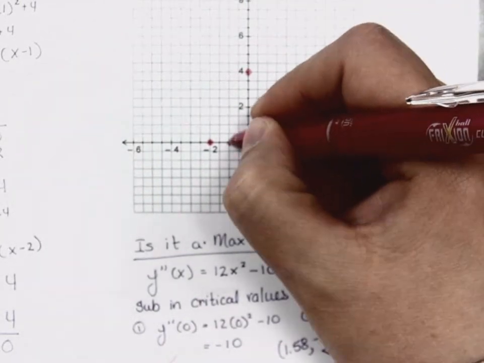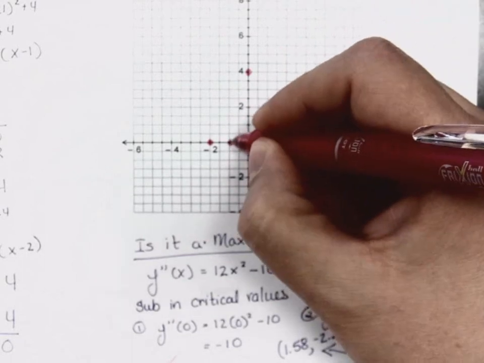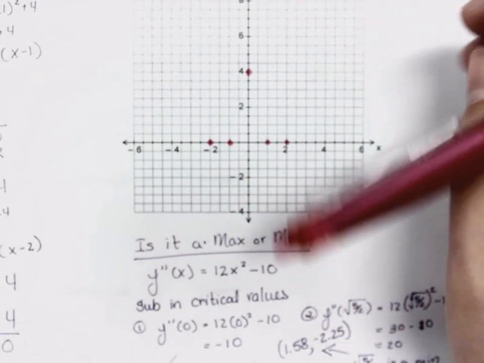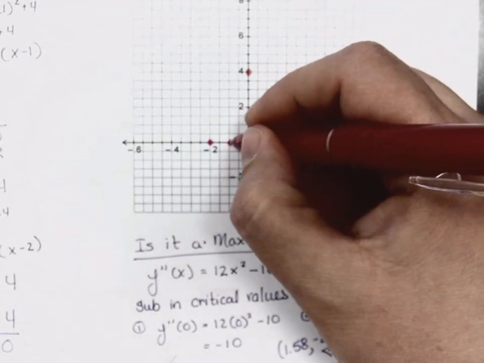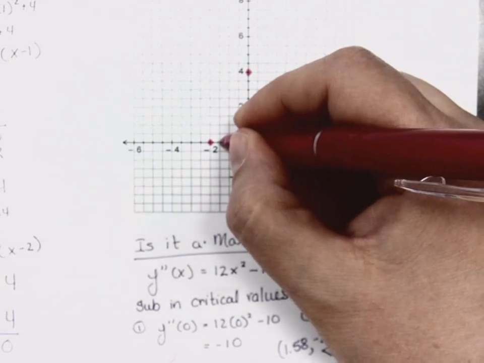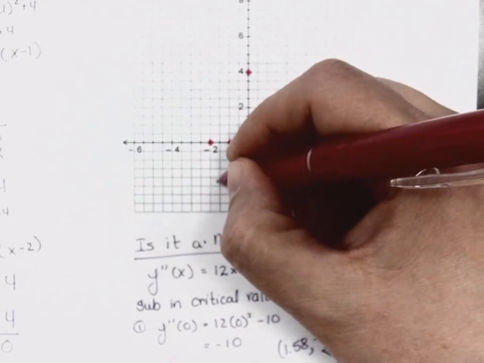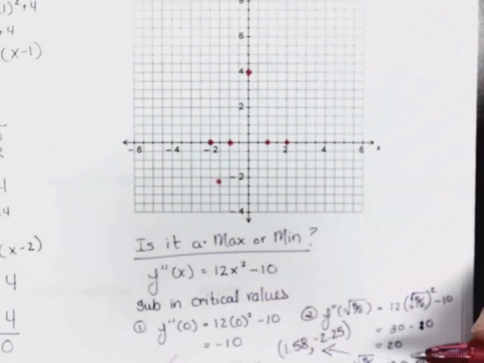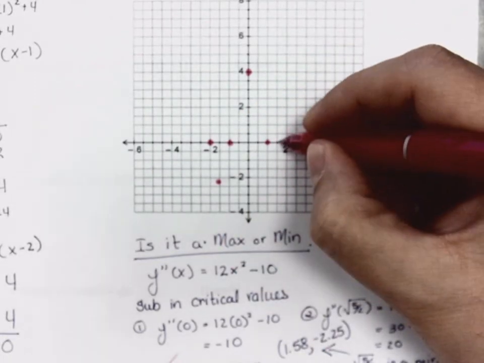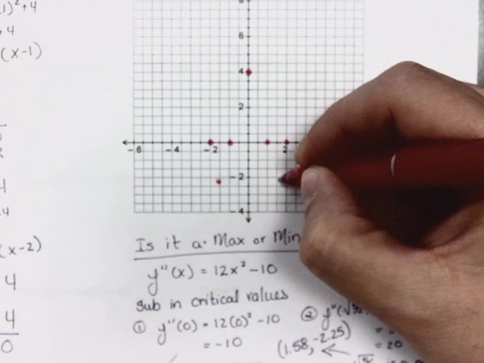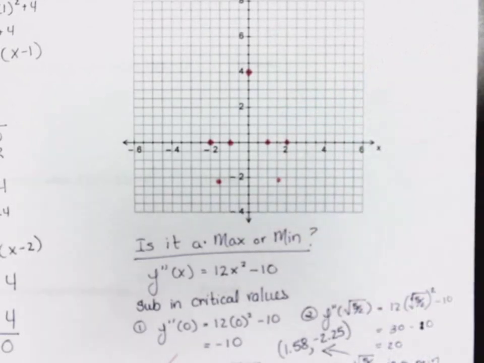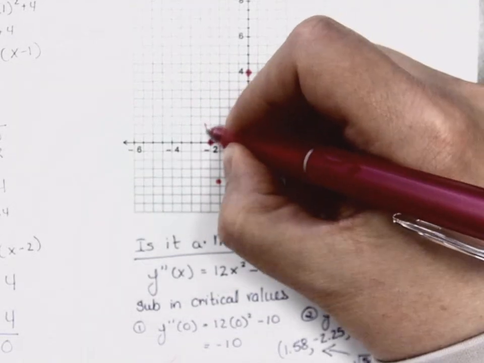And now I have -1.58 and -2.25, so I'm right there. It's not exactly perfect.